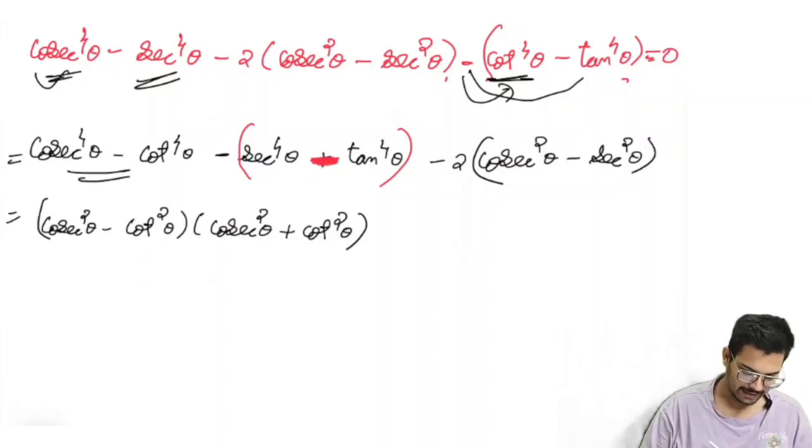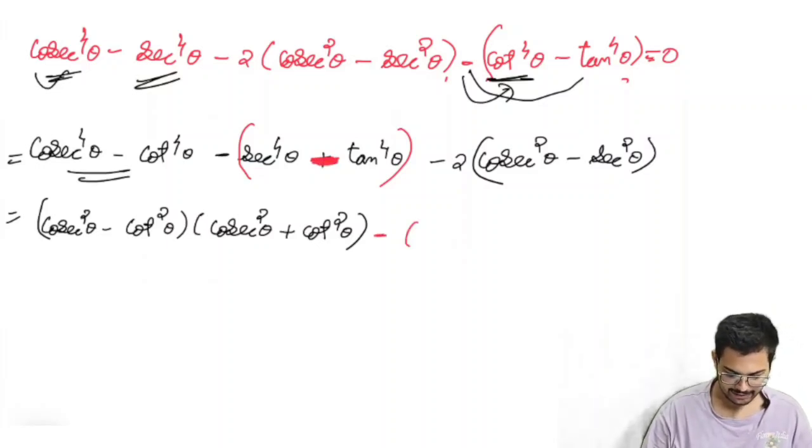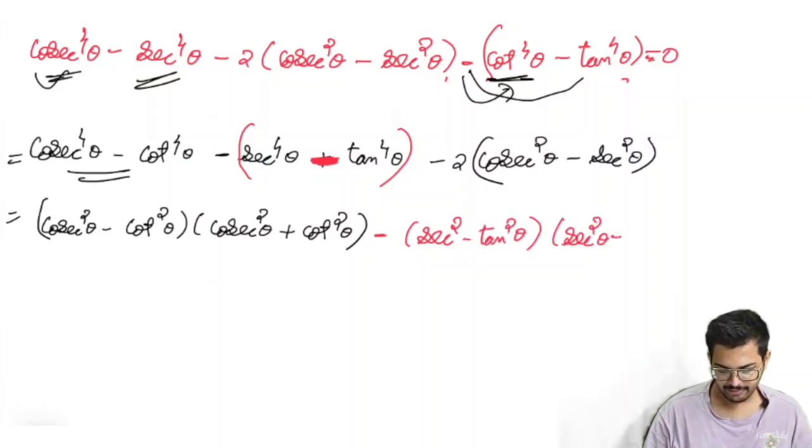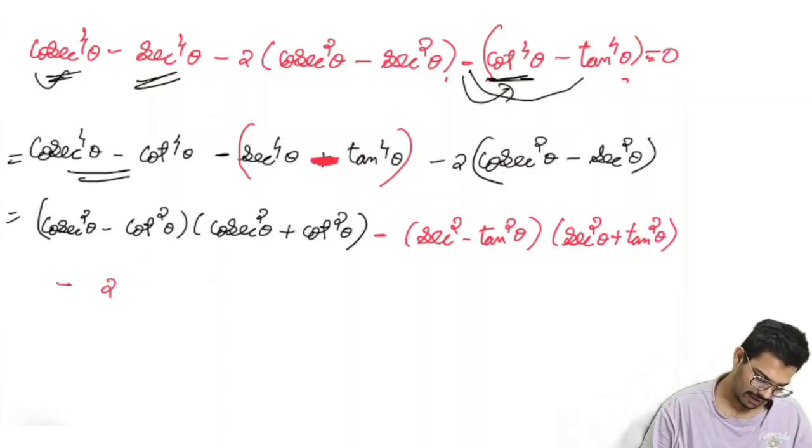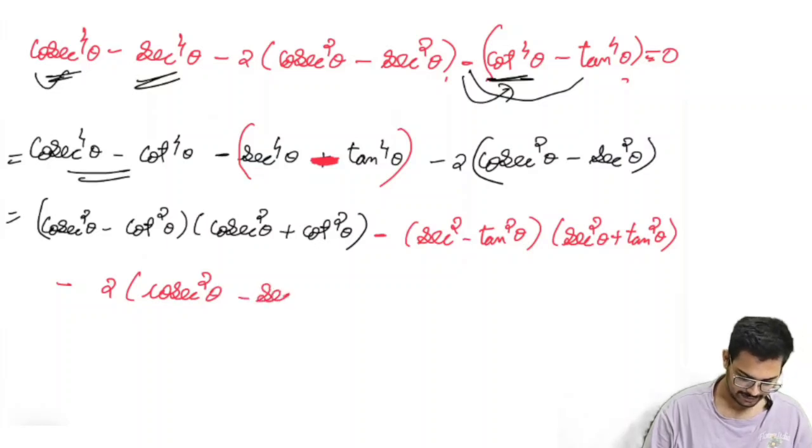Now again apply the identity: (sec^2 θ − tan^2 θ)(sec^2 θ + tan^2 θ) minus 2(cosec^2 θ − sec^2 θ).